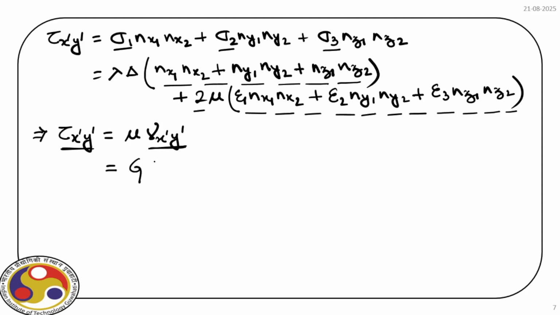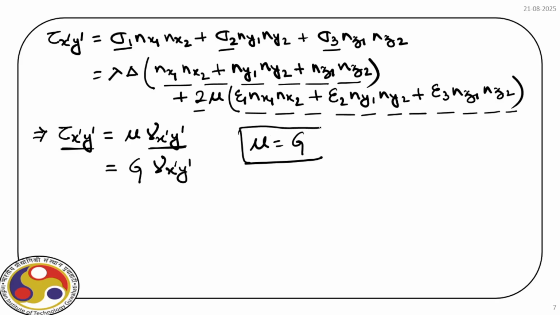So that is G times gamma x prime y prime, which means mu is equal to G. That is the shear modulus. So we get the second expression in terms of Lame's constants, right?